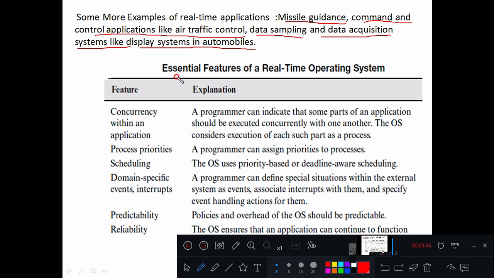So let us see what are the essential features of a real-time operating system. Later we will see the different kinds of real-time operating systems. The first feature is concurrency within an application. What is concurrency? Concurrency is nothing but parallelism, right? If a given system is made up of a number of subsystems, each subsystem has to perform its given task within a time limit.